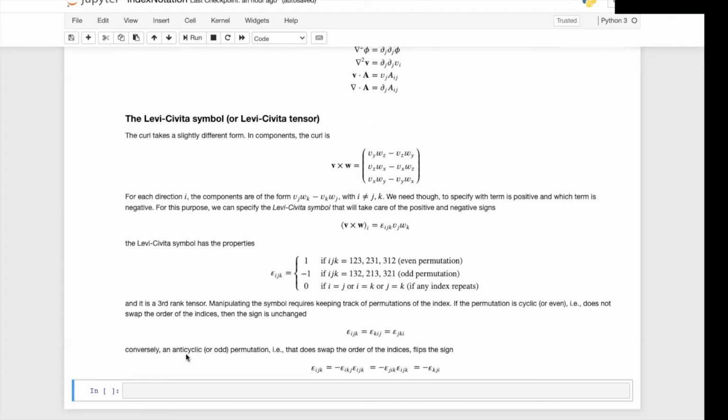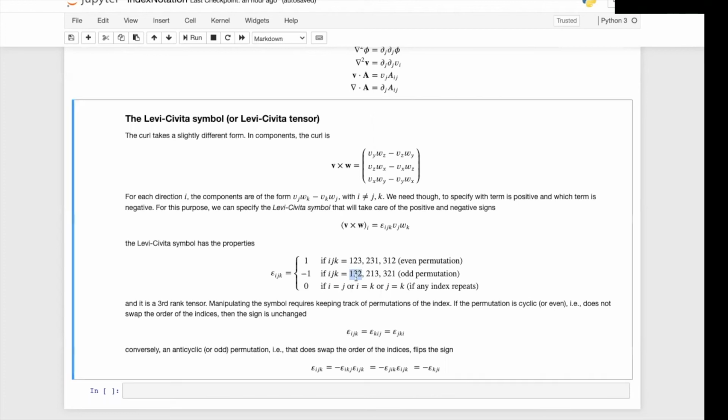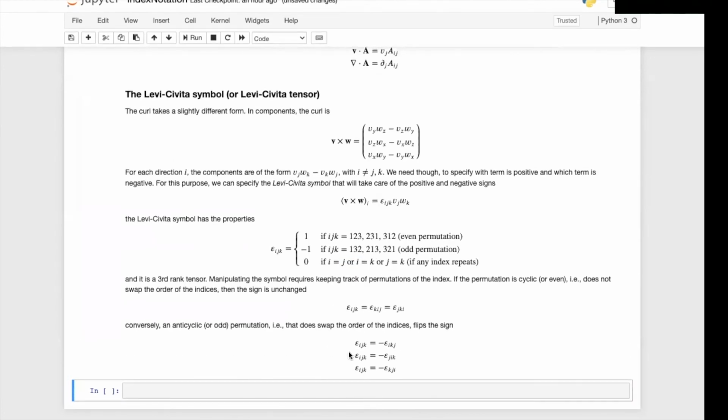Now, if you have an anti-cyclic permutation, that means you flip the order, then the sign is going to change. For instance, you start with i, j, and k. Now, if you flip j and k, then you're doing an odd permutation. Say that you have i, j, k equal to 1, 2, 3.